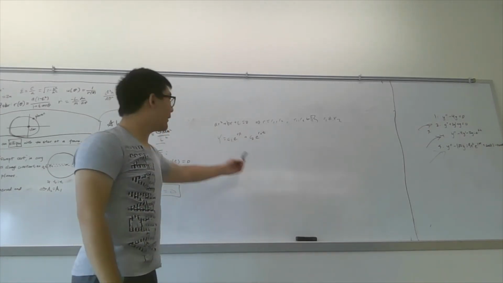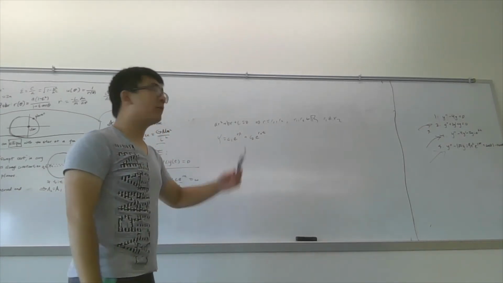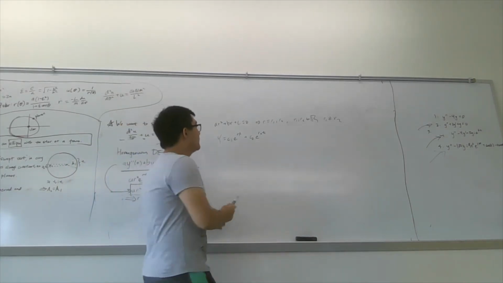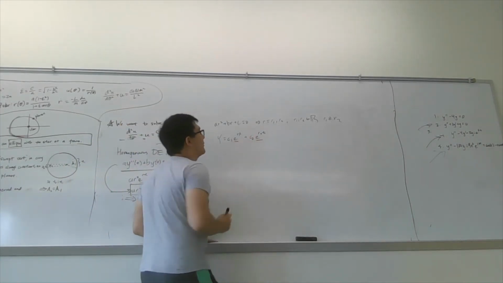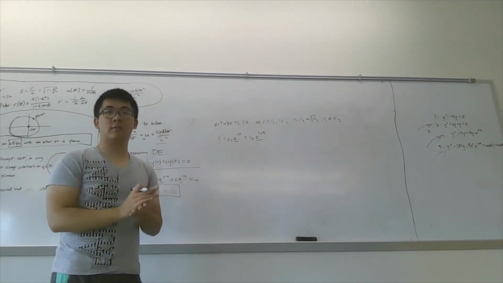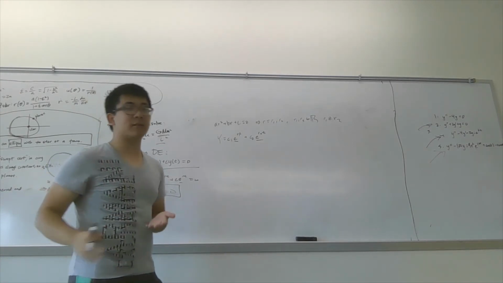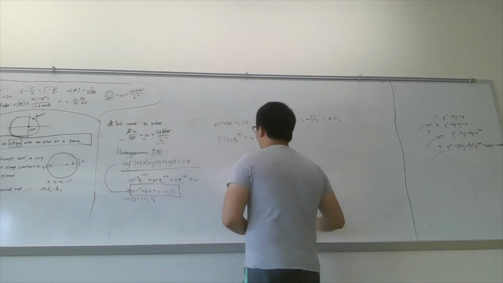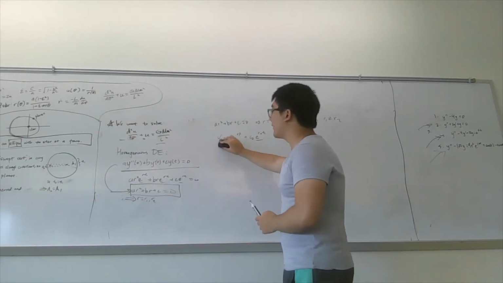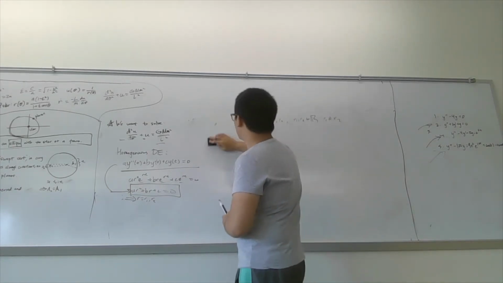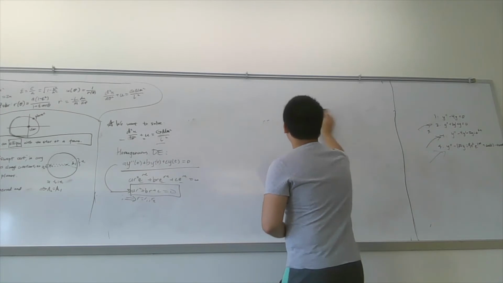That is just the general solution for this case. It's very simple. And the Wronskian of these two exponentials will never equal 0 for any t. That's guaranteed, which is why we can write the general solution as this. So that's very simple.